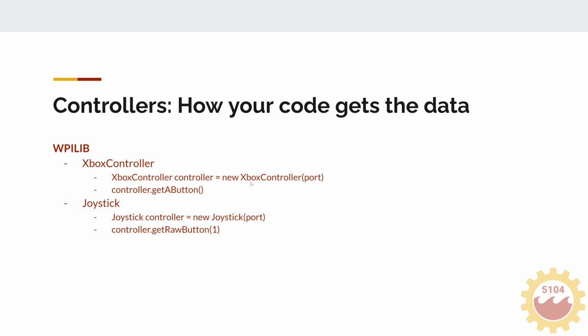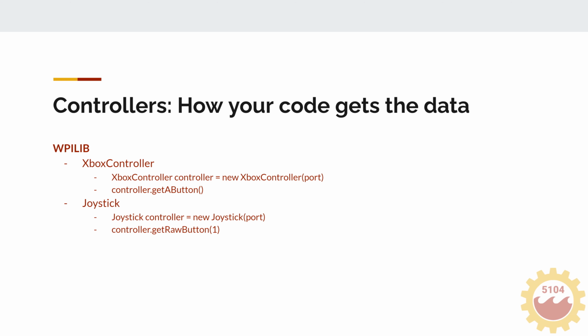So how your code gets this data. Since it's the RoboRIO, it's WPILib, and there are two classes. There are actually a couple more that I'm not mentioning here because they're not super useful. There's the Xbox controller and the joystick class. For the Xbox controller, you just make an Xbox controller object and you plug in the port, and that port number is 0 through like 6 or something, and it's based on what order you plugged in your controllers.